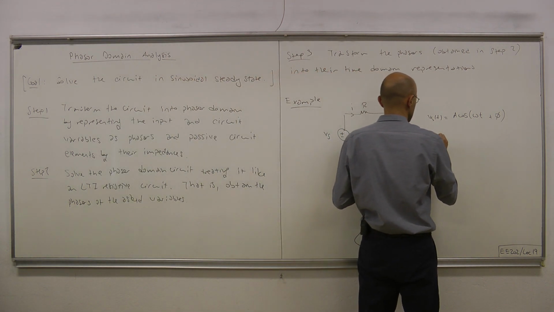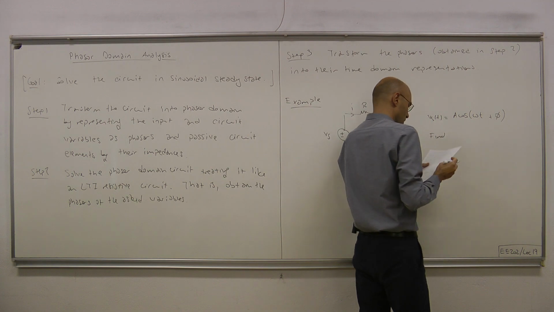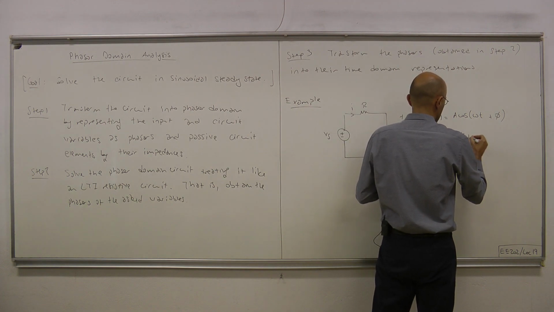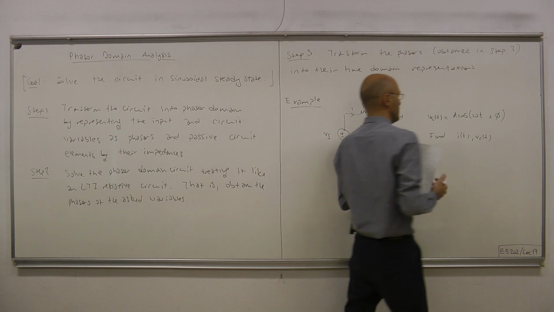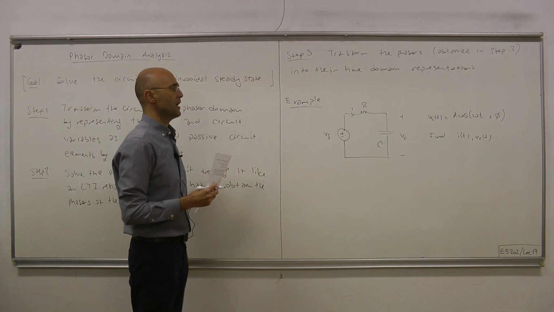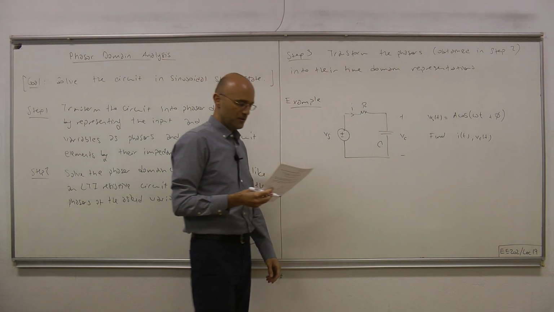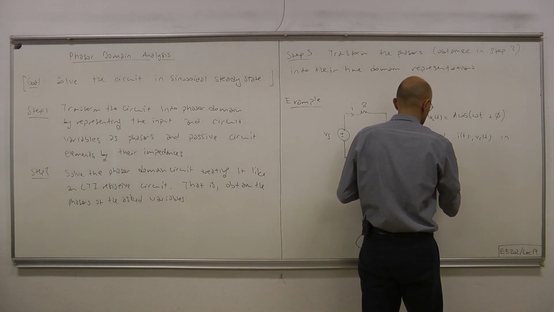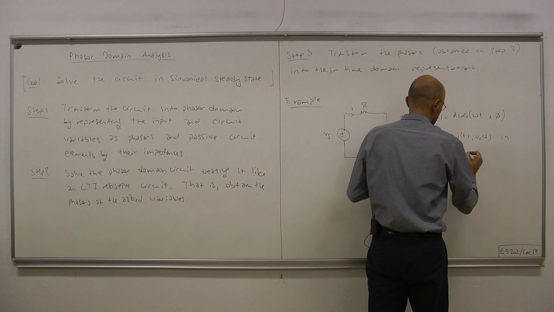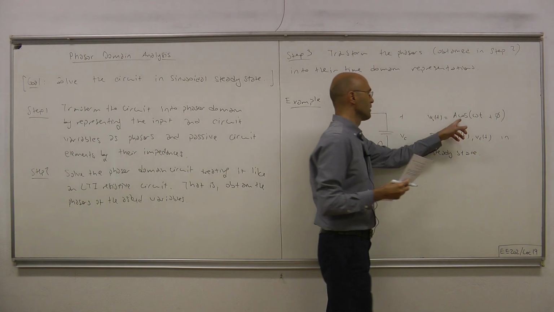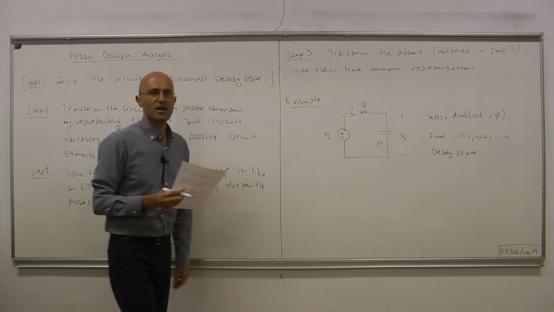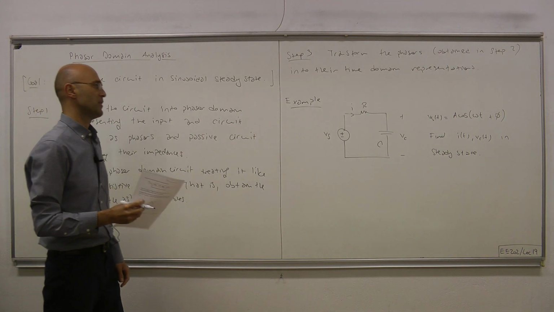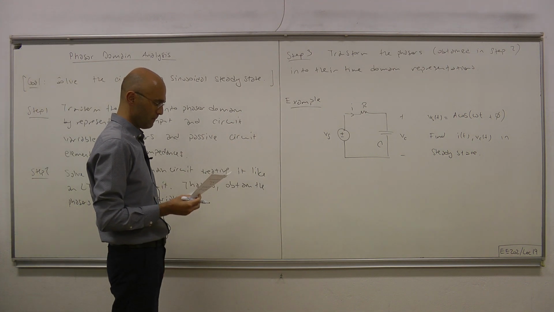Find the current I of t and the capacitor voltage VC of t in steady state. Since the input driving the circuit is sinusoidal, we're talking about the sinusoidal steady state.